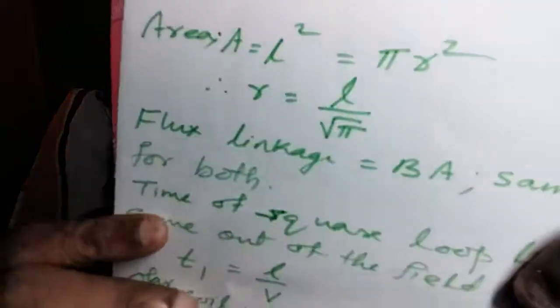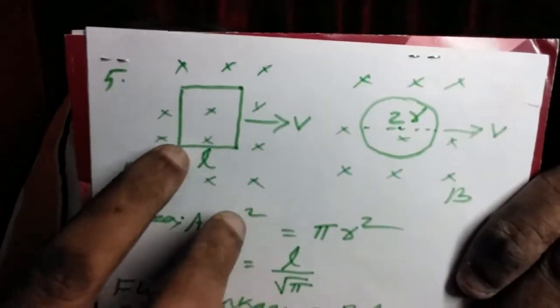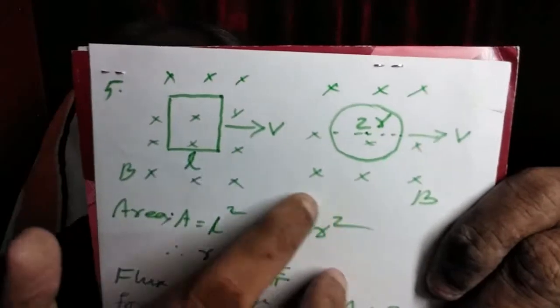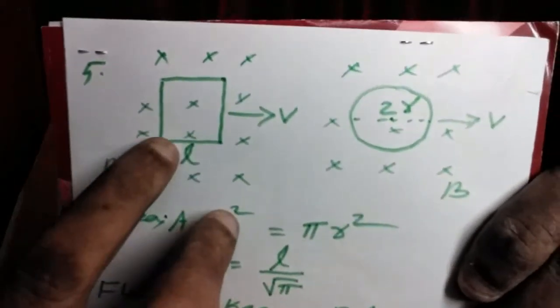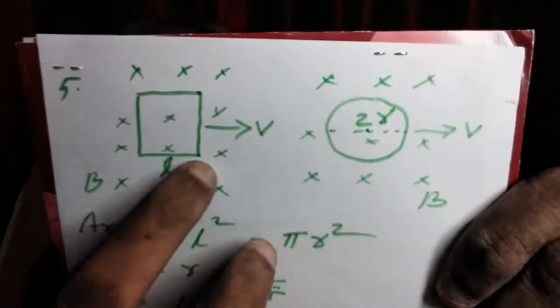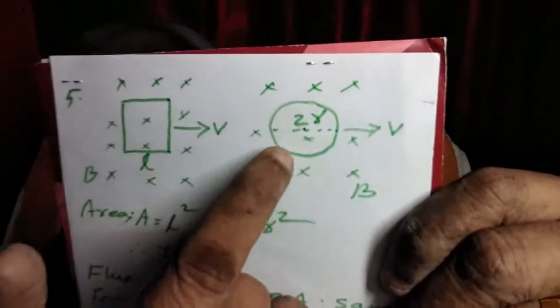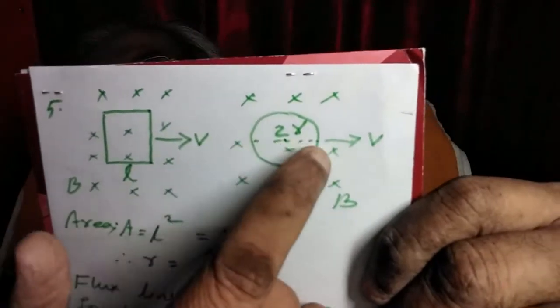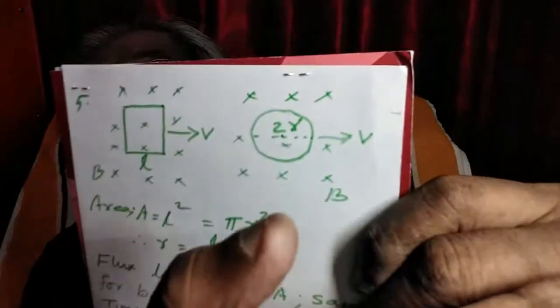Now time. If the square loop is to be taken out of the field, it must be given a displacement L to come out of the field. At the same time, the circular coil must be moved through a distance 2r to come out of the field.